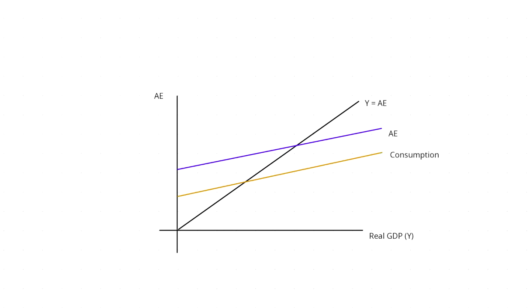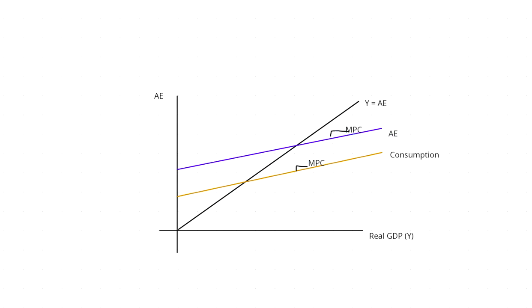So consumption has the same slope as aggregate expenditures because the upward slope of aggregate expenditures is entirely related to consumption and consumption only because we consider planned investment, government spending, and net exports to be exogenous or determined outside of the model. So the MPC is the slope, same slope here.